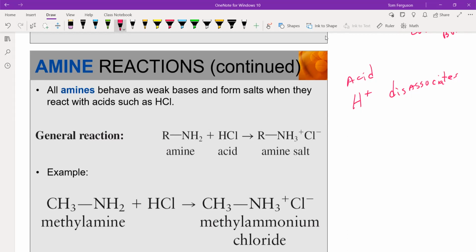So if an amine is in the presence of an acid, the acid exists like this, and that H plus is going to do the same thing. The amine salt is the ammonium plus the anion part of the acid.